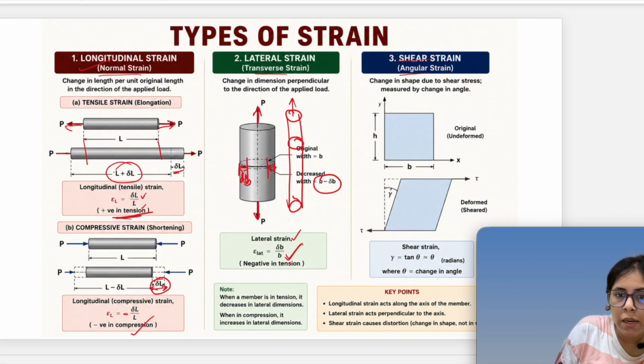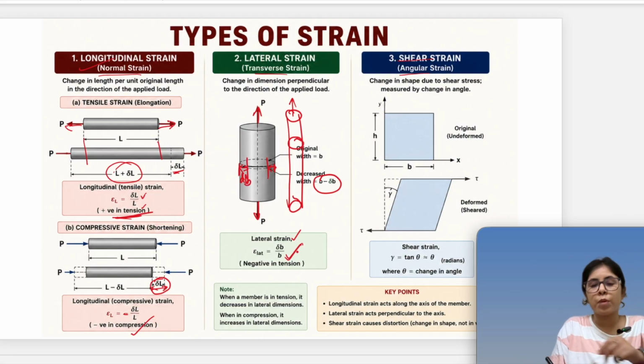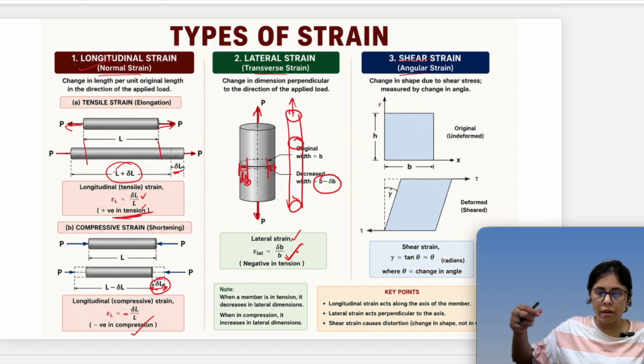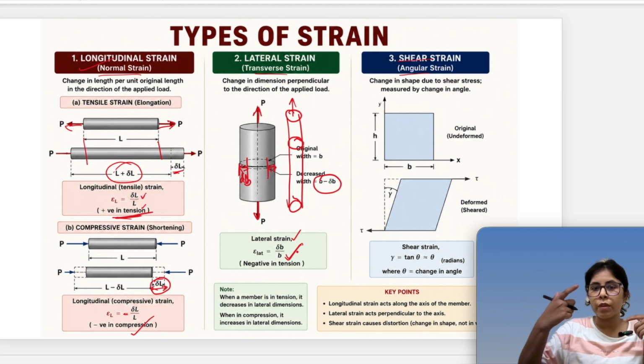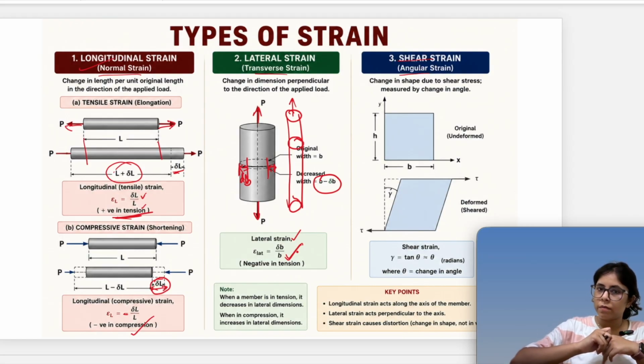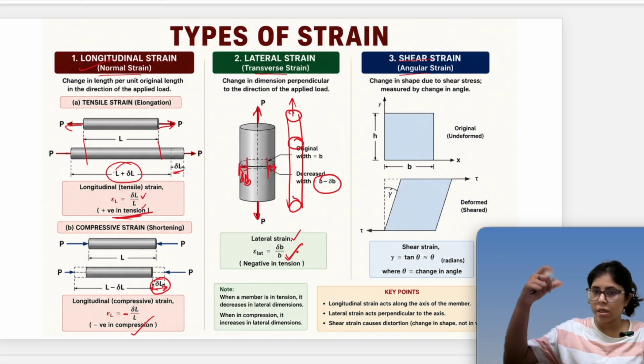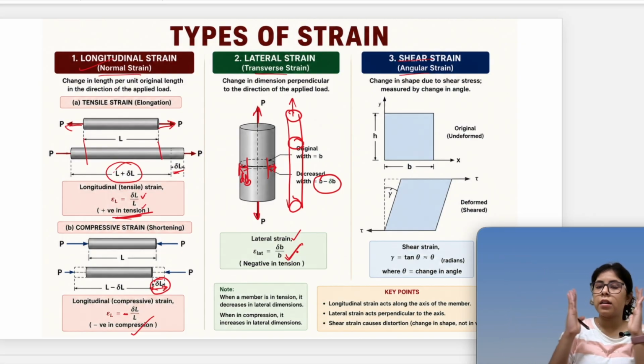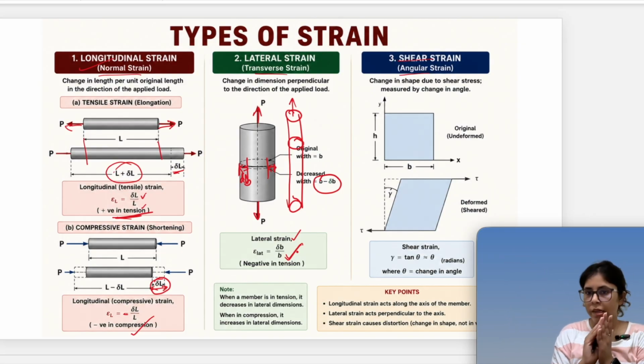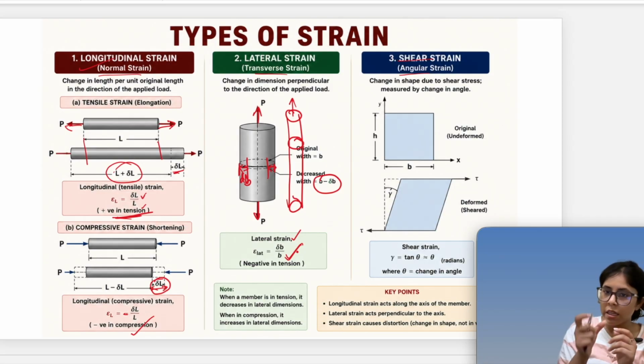So this is delta b upon b. Because of the tensile force, length is increasing, and the lateral dimension will always be decreasing. Due to the decrease in the lateral dimension, this lateral strain will be negative in tension.